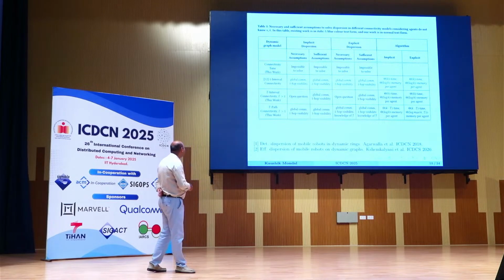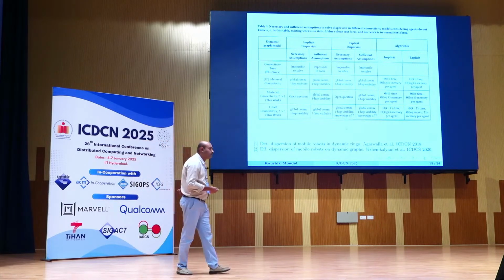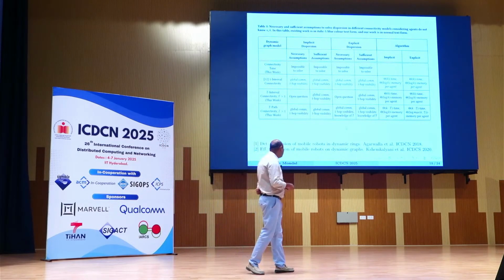So our main result is on this T-path connectivity model, where we are showing that for implicit dispersion, global communication and one-hop visibility are a must, and we are providing an algorithm with them as well. But for explicit dispersion, along with global communication and one-hop visibility, knowledge of T is also a must to achieve explicit dispersion where the agents can terminate.